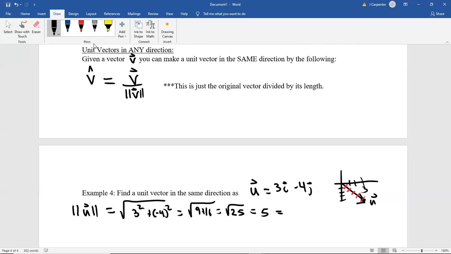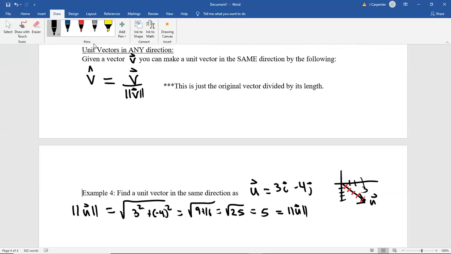This is the length of the vector we were prescribed. So that line right there, if I went right 3, down 4, marked my terminal point, drew my vector, that length would have been 5, which is why I try to make 1, 2, 3, 4, 5 little mile markers.